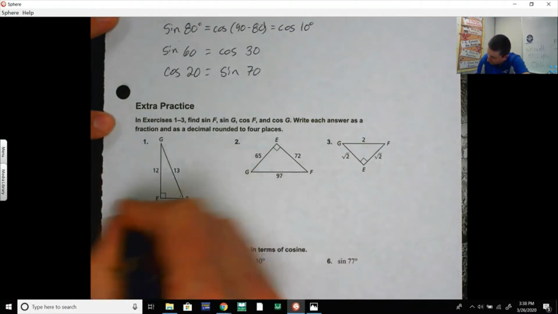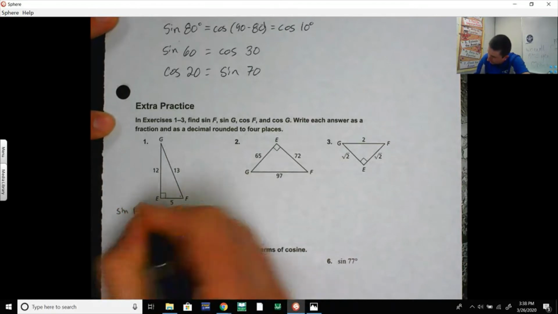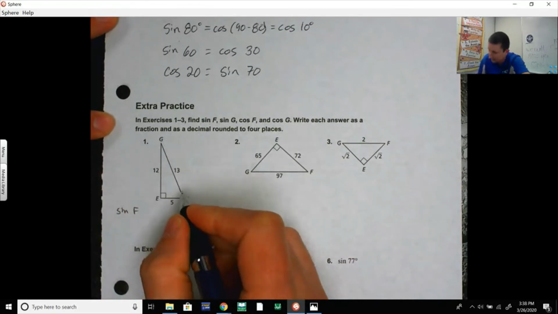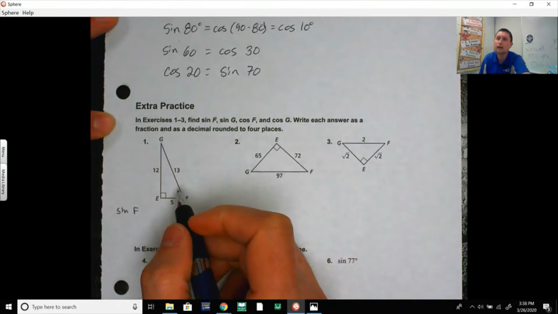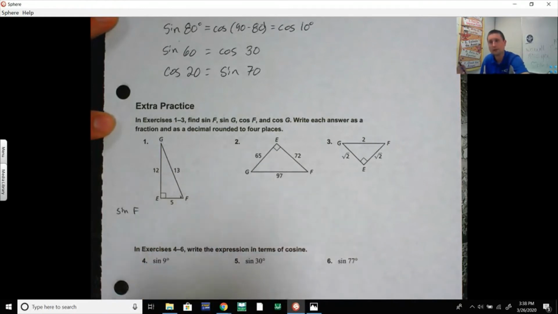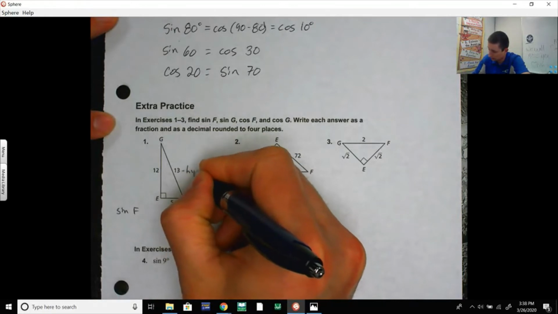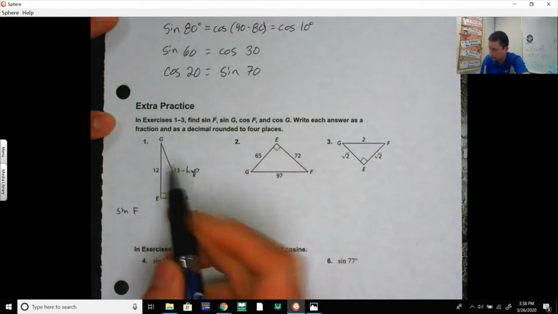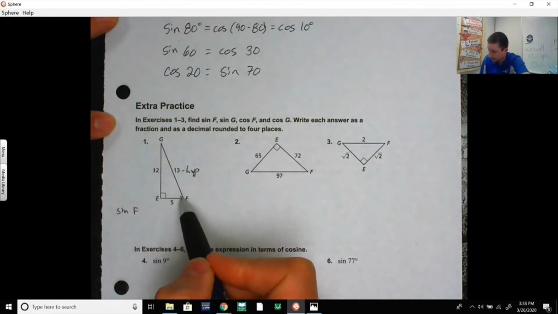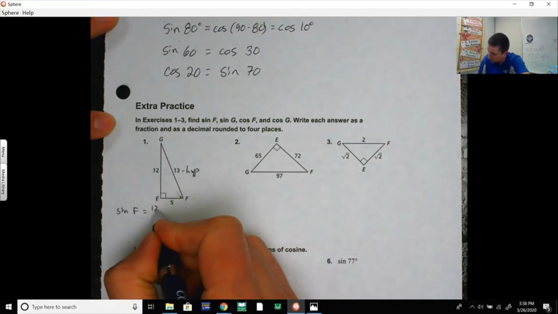So the sine of f. Here's f. Sine is opposite over hypotenuse. So this is our hypotenuse. That's going to be the hypotenuse for everything. Opposite f would be 12 over 13.